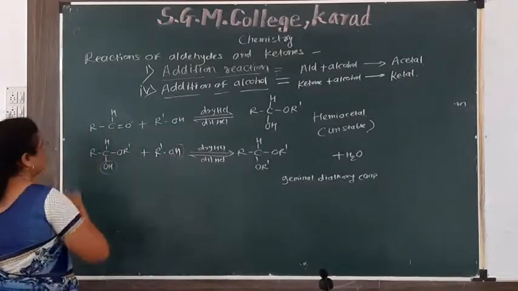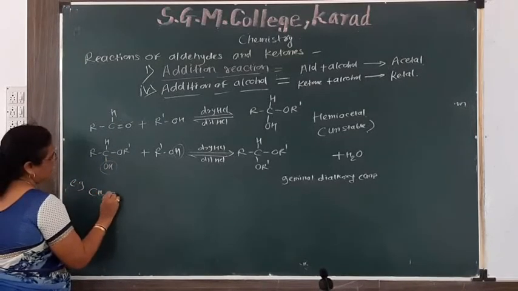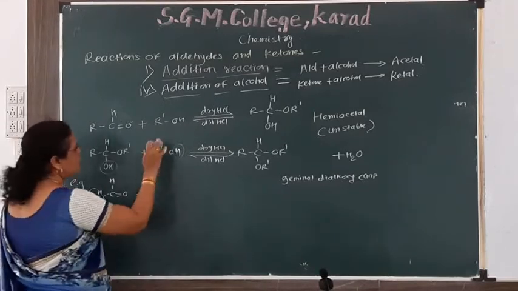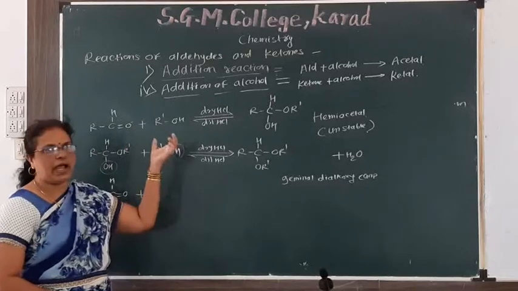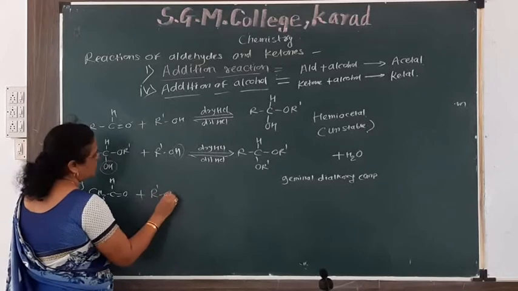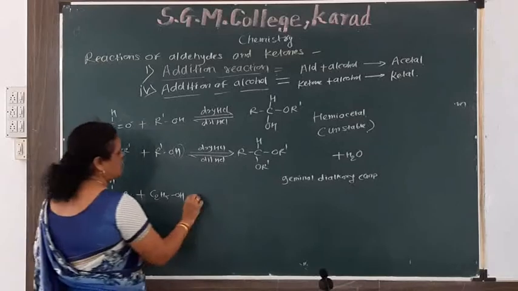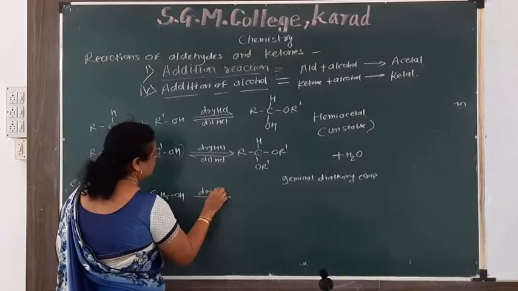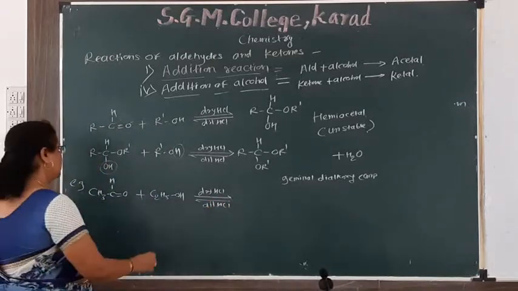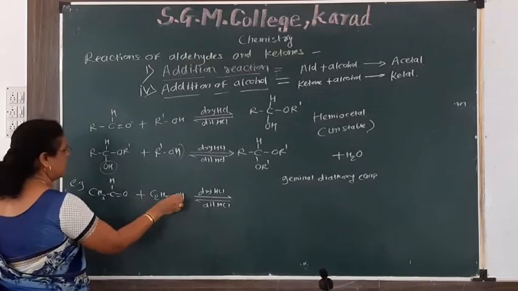For example, in case of acetaldehyde, that is CH3CH double bond O, treated with one molecule of anhydrous monohydric alcohol, here C2H5OH, in presence of dry HCl. Then this bond breaks, oxygen and hydrogen give an OH group.